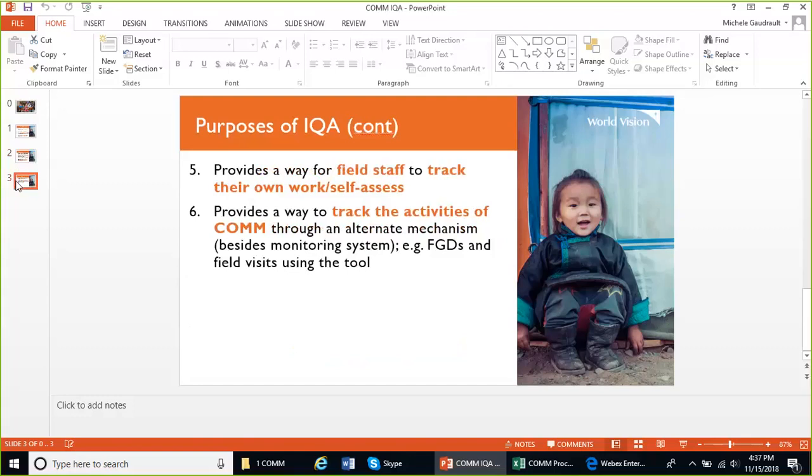And we can track the activities of comms through an alternate mechanism besides the monitoring system, for example, FGDs, using the tool. So the way you use it has all of those various possibilities. Staff themselves can use it to understand and track their own work. National office staff can use it to periodically assess the work.